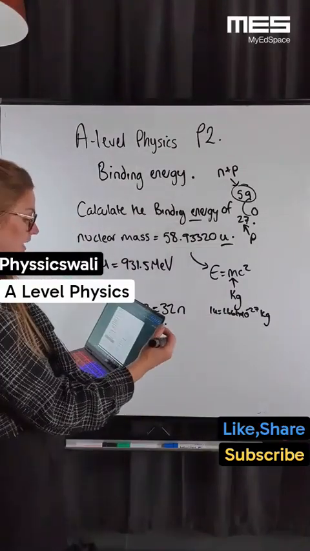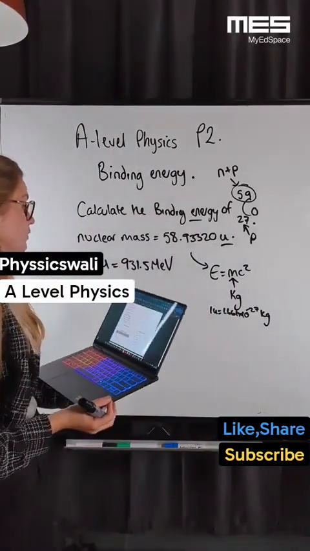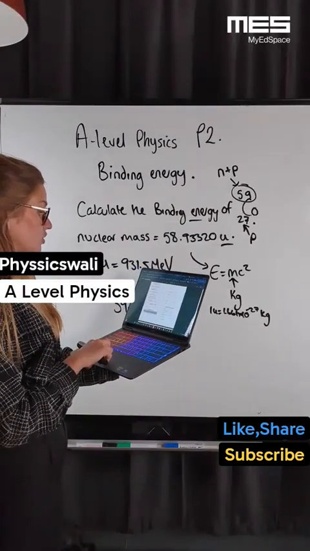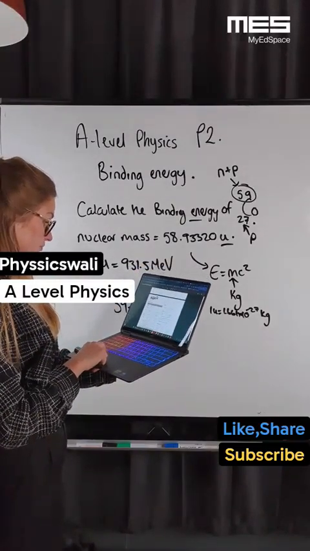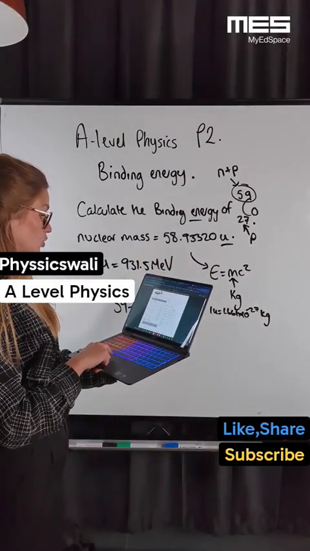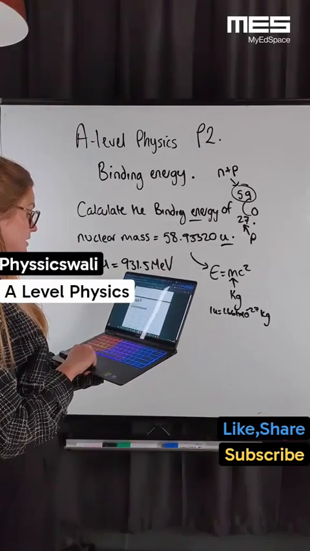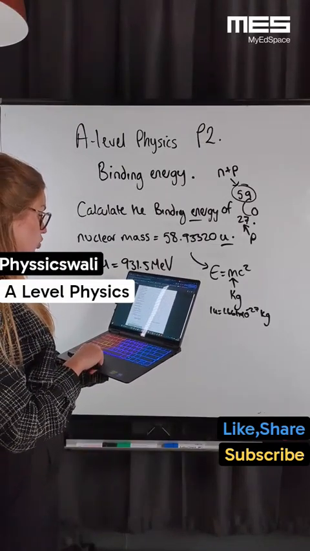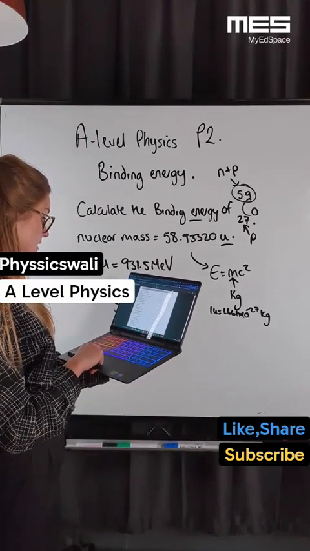So I look at my formula sheet and think, what is an easy way to do this? I can see what the mass of a neutron and a proton is.